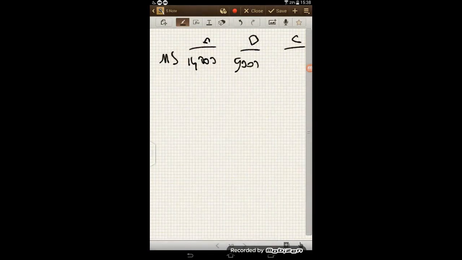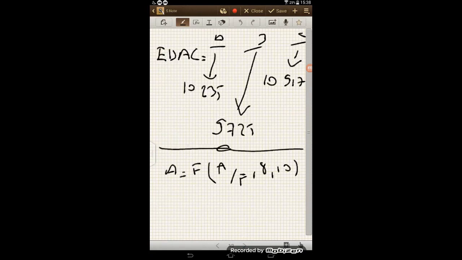And if we look at this A over F, 8% and 10 years, where is it, okay, 0.0690.